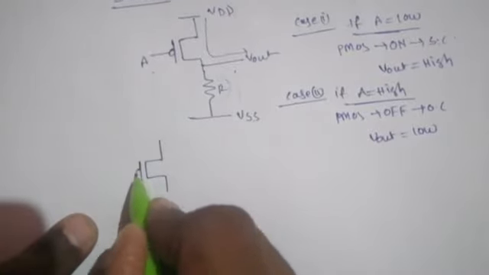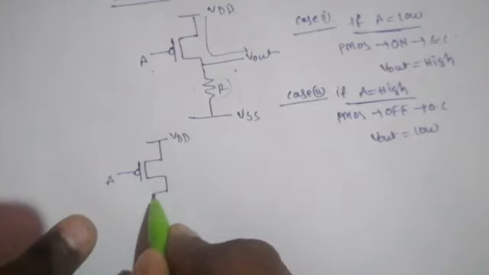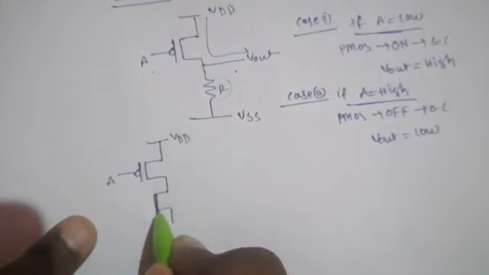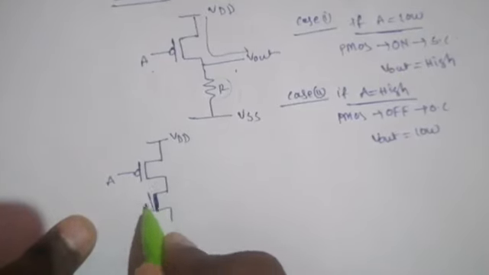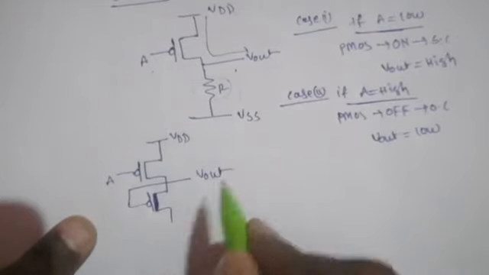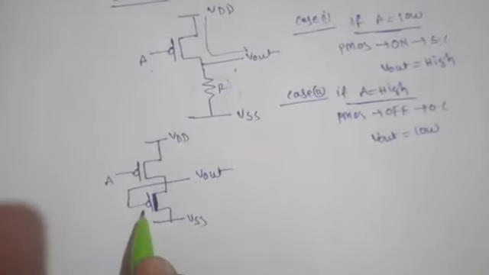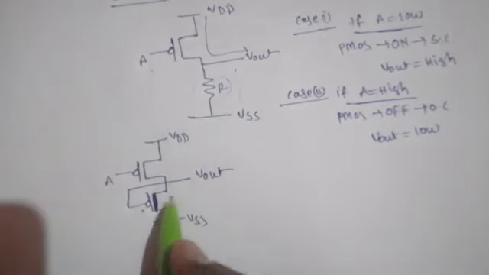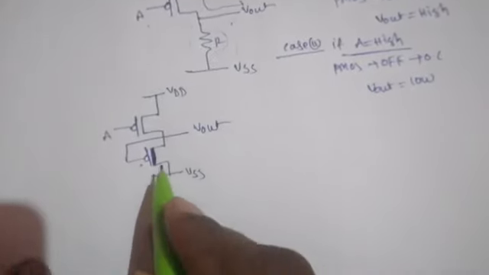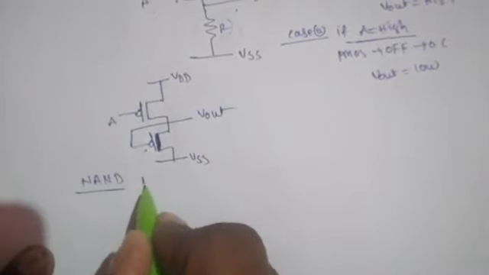Here the input voltage is VDD and the depletion mode MOSFET is connected like this, with an inbuilt channel. For VSS there is no need of a low voltage, so it is connected to the drain connection.